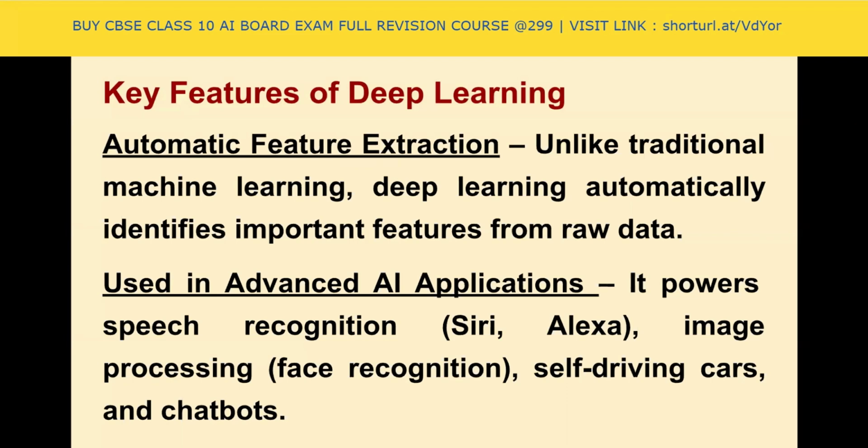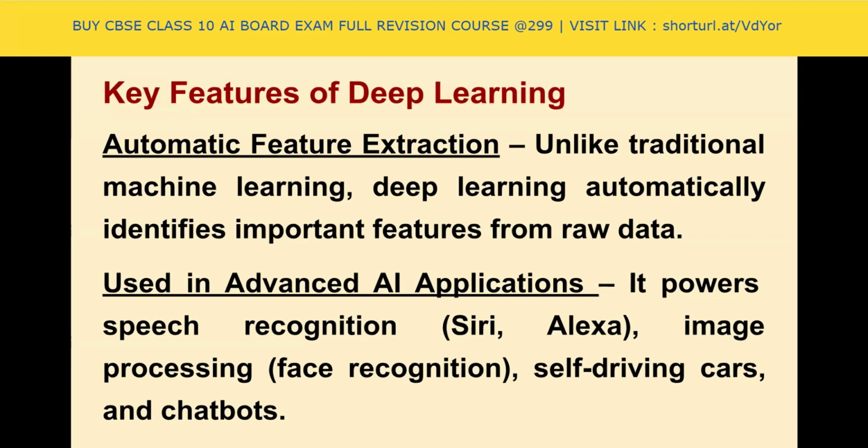Okay, so day by day we are going more towards deep learning, right? Why? Because we want machines to take decisions on their own. So instead of human beings always guiding the machines, they learn on their own. So this is basically the key feature.